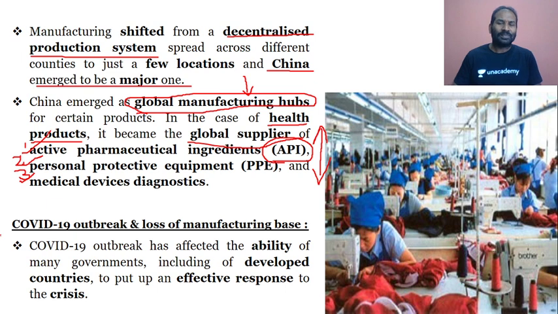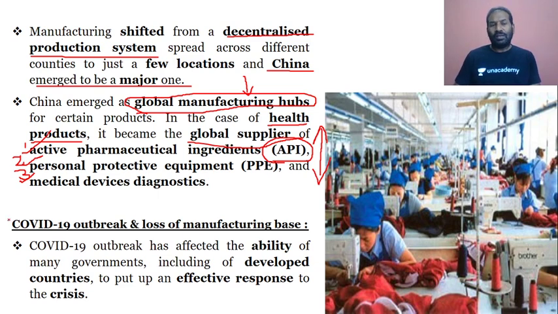So look at the way the authors have said that there is a fault. No doubt it is a blessing for China, but when I get into further explanation, you will understand how there are faults in the economic liberalization.